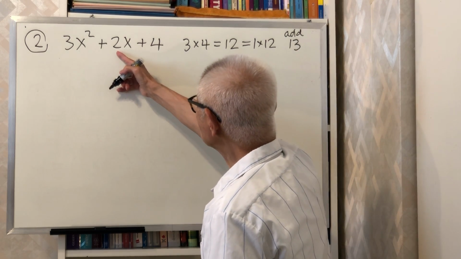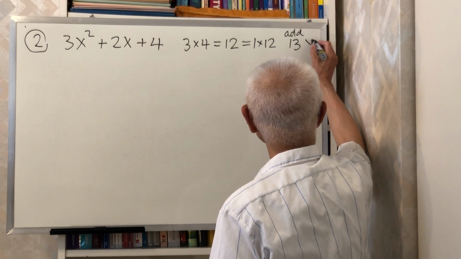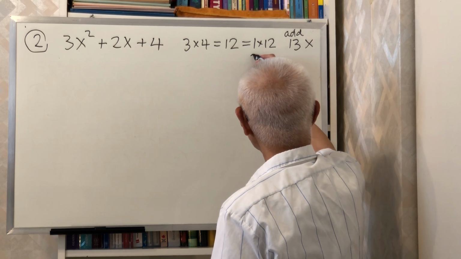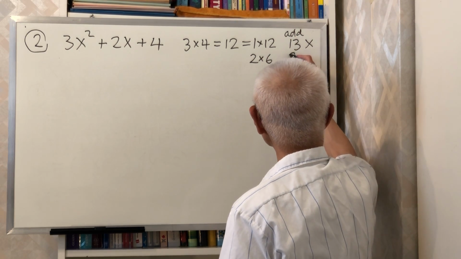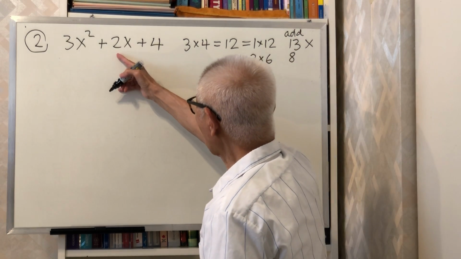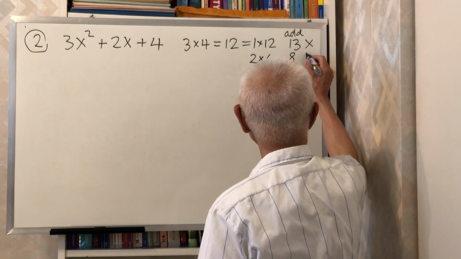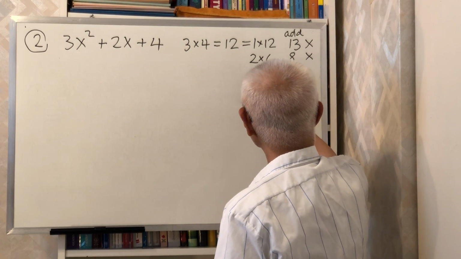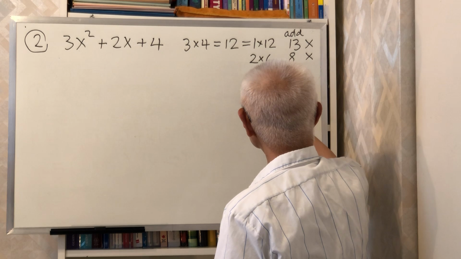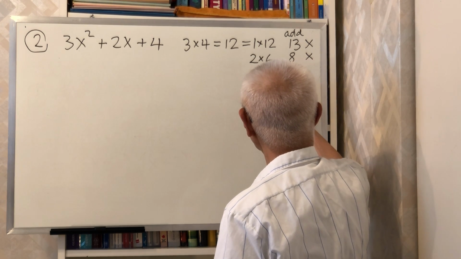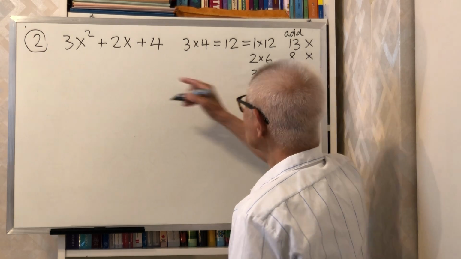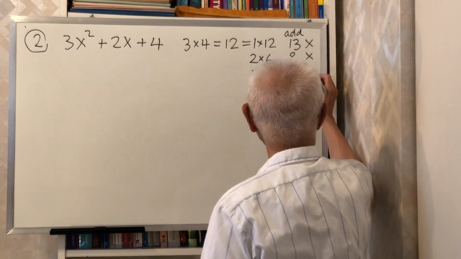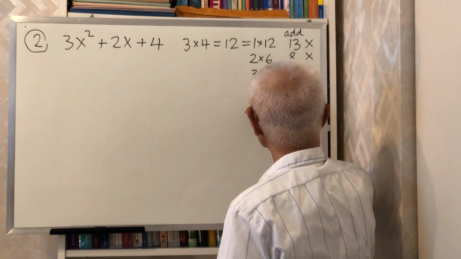I only have a 2 here, so this is not correct. But then I can use 2 times 6. I add 2 plus 6 is 8. This is not 2, so that's not right. And 12 can be 3 times 4. I add, which is 7. This is not 2, so it's not right.